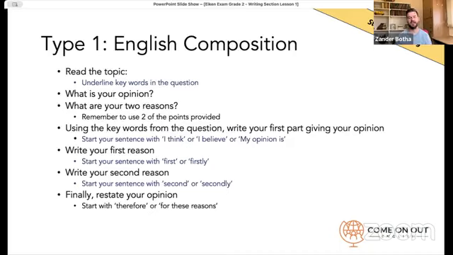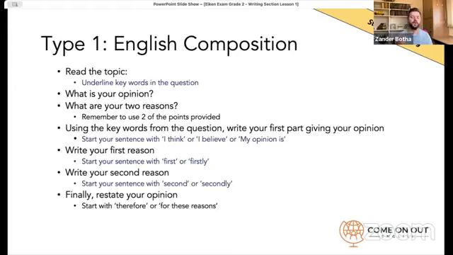So can you see, for each of the four parts, we have words we need to use to start our part with. So part number one, where you give your opinion, you start with, I think, I believe, or my opinion is.